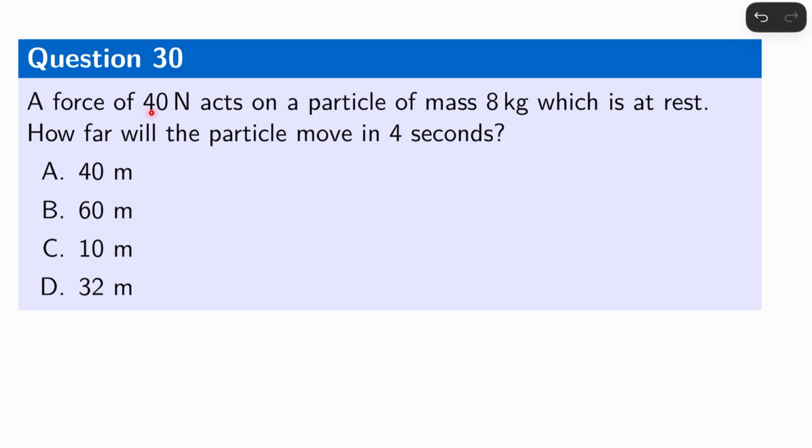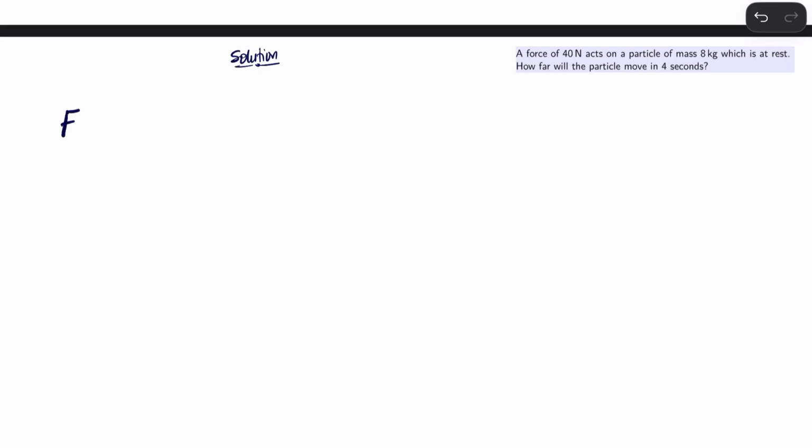Question 30. A force of 40 newtons acts on a particle of mass 8 kg which is at rest. How far will the particle move in 4 seconds? Solution. From the question, we have F giving us 40 newtons and M giving us 8 kg. And the particle is at rest, and so the initial velocity u is equal to 0.